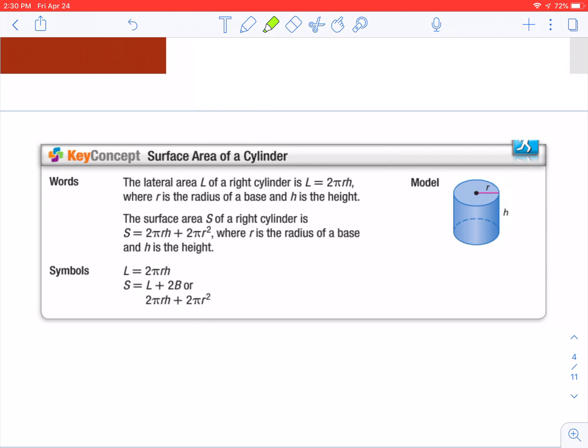The lateral area on the side is 2 pi r h. And then if you want to add the circles, you add 2 pi r squared, because the area of a circle is pi r squared, and I have two circles, so I multiply that by 2. So 2 pi r h plus 2 pi r squared.